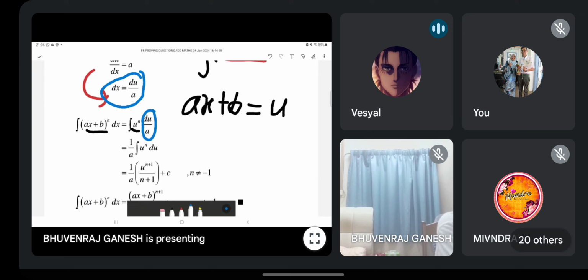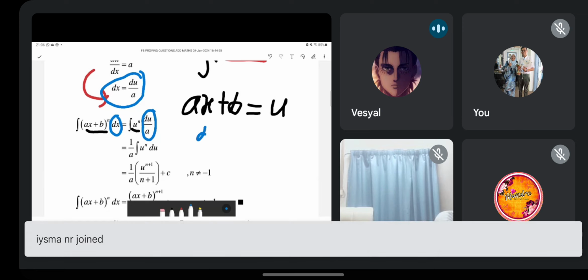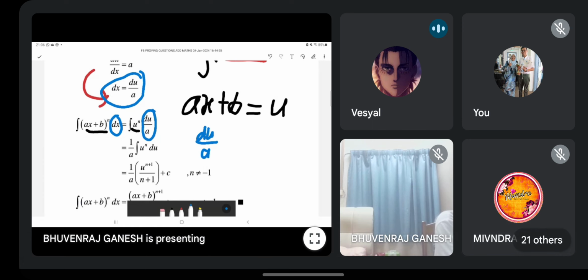So it's basically subbing in our values to get a similar equation. For the next step, we are going to factorize 1 over a. If you see du over a, it's the same as 1 over a times du. So we'll be factorizing 1 over a, integral u power n du.